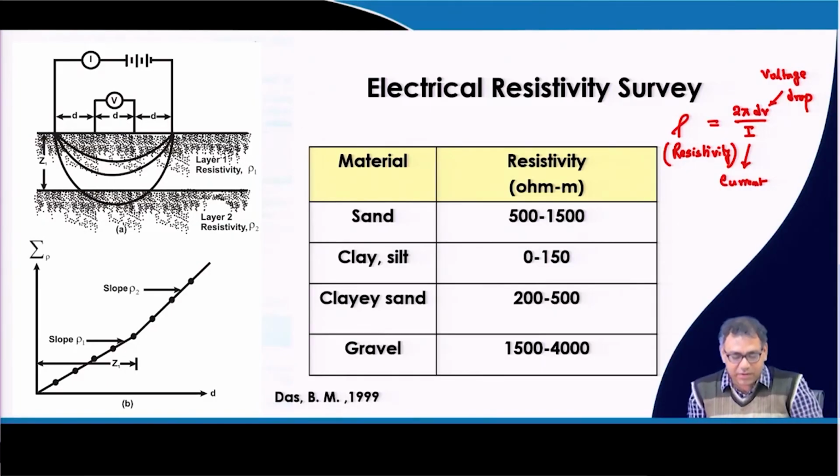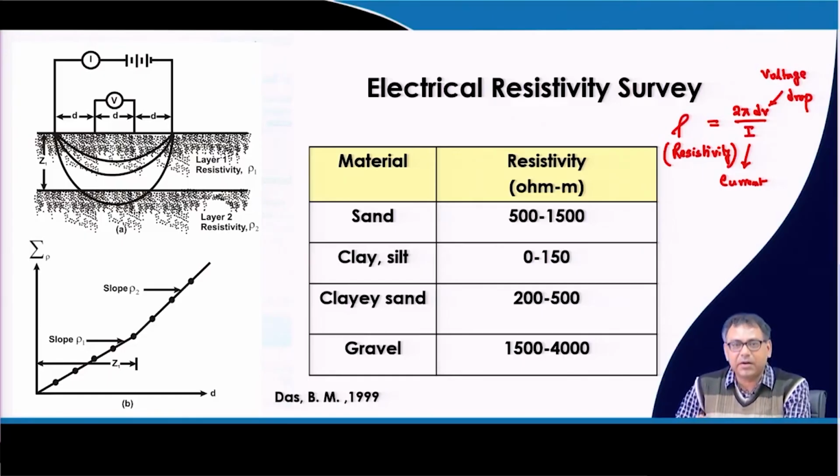Okay. So, this way we can determine the different soil properties, the resistivity of the soil, the different types of soil and the thickness of the soil layer. So, we can perform it for homogeneous soil as well as layered soil.